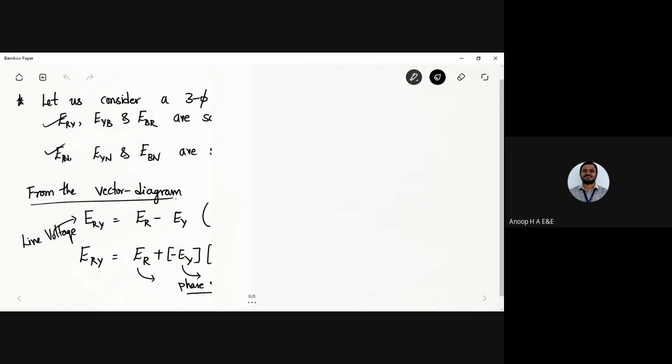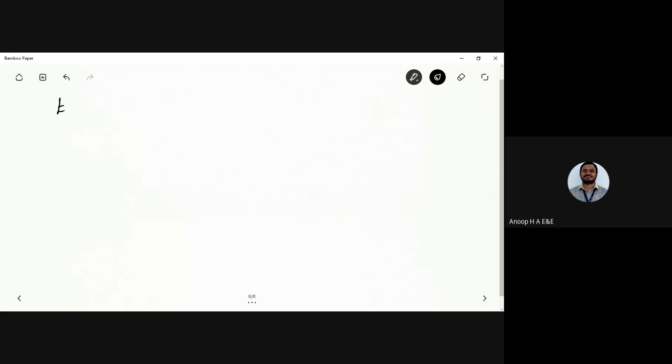If you recall the law of parallelogram of forces, the resultant ERY is written as the root of ER squared plus EY with a negative sign squared plus 2, taking only the magnitudes of ER and EY.